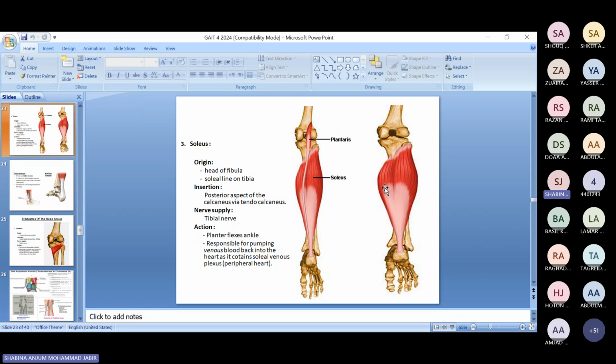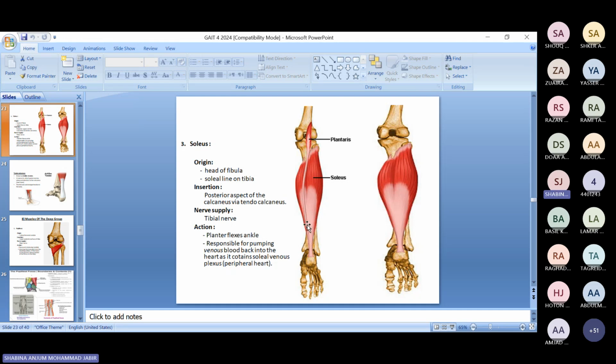Then we have another big, bulky muscle. You can feel this posteriorly. The gastrocnemius and soleus form a big bulk. What is the origin? Do you remember the soleal line on the posterior aspect of the tibia? It takes origin from the soleal line of the tibia and also from the head of the fibula.